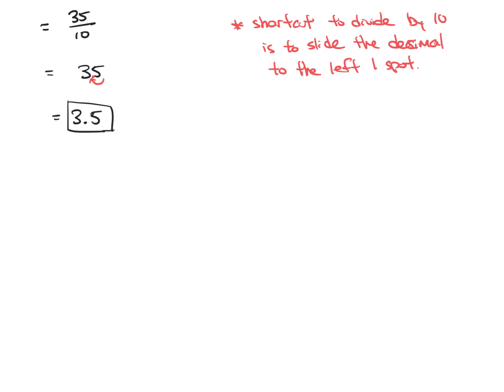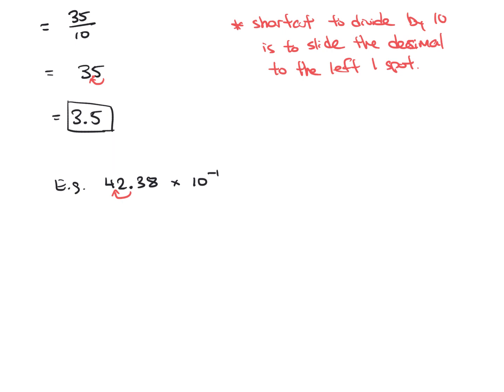So I'll start with a decimal number this time. I'll say 42.38. And if I want to multiply by 10 to the exponent negative 1, if I follow the shortcut, you slide the decimal point over one spot to the left.